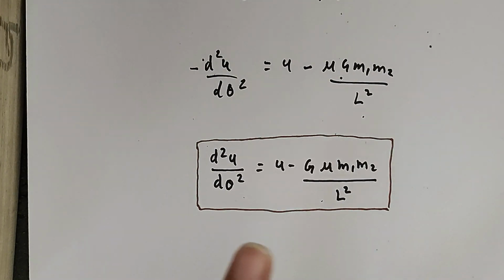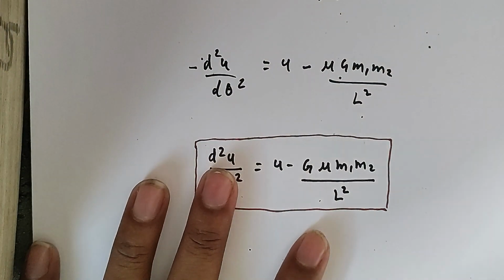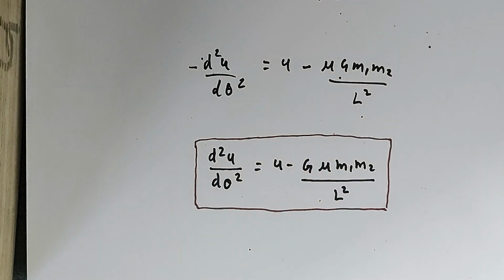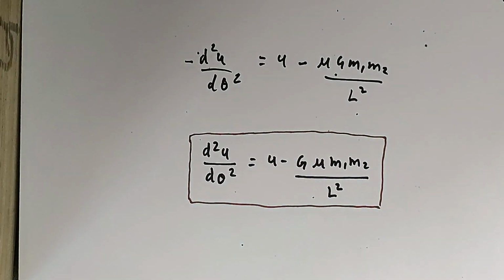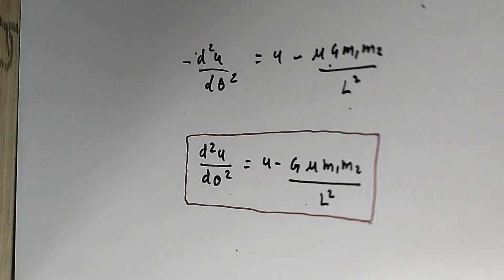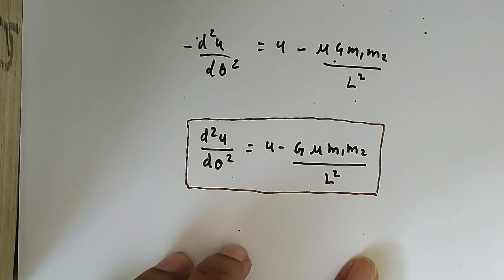Now, this is an equation of the SHO family. That means it is an equation of the SHO family with an additional constant term, right? When I talk about SHO, it means simple harmonic motion, alright? This is an equation of that particular family.